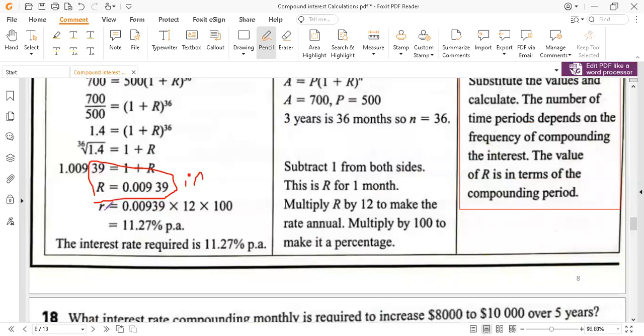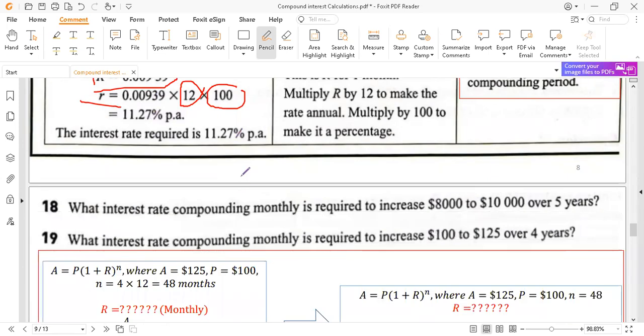But if we want to calculate the rate per annum, we multiply the monthly value by 12, then by 100 to obtain 11.27% per annum, and so on. It is very easy to imitate the same thing that we explained before in exercise 19, to find what we are searching for.